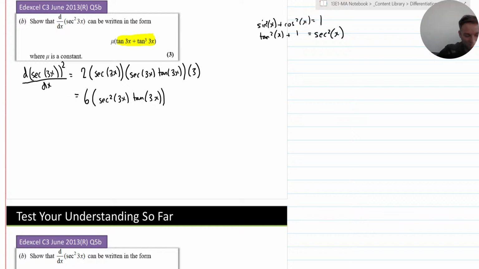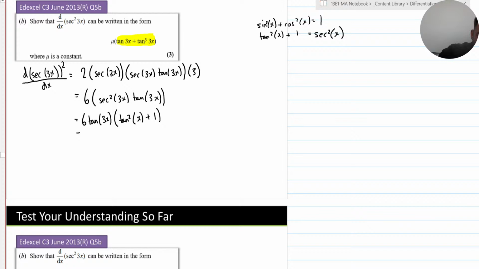So this one here, I need to substitute in here. So it's going to be equal to 6 tan of 3x times by sec squared, which is equal to tan squared plus 1.